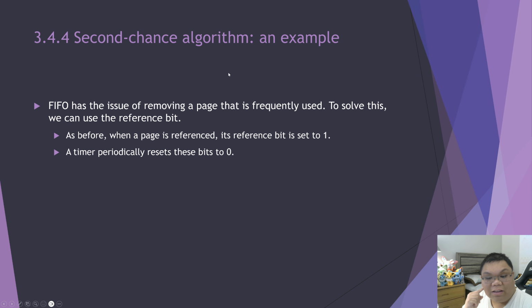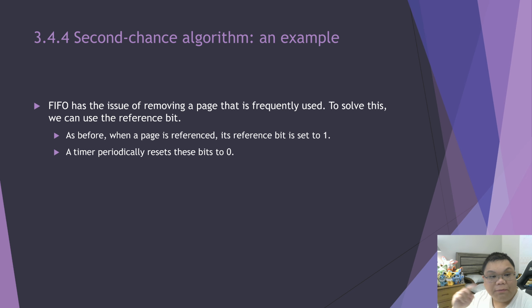So, remember that issue I talked about, how FIFO replaces pages that we are currently using? Previously, when we were working with FIFO, we would page out a page that turns out to be a frequently used page, only to page it back in immediately after that.